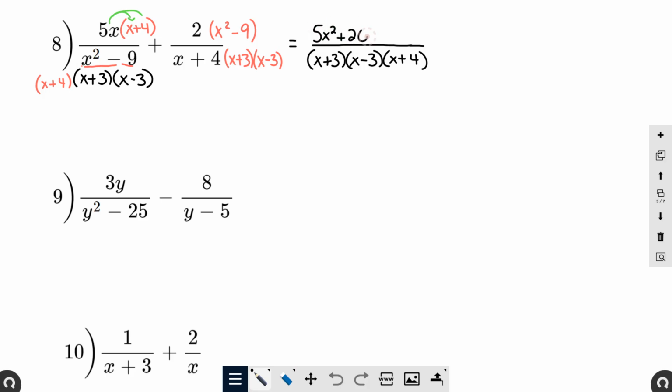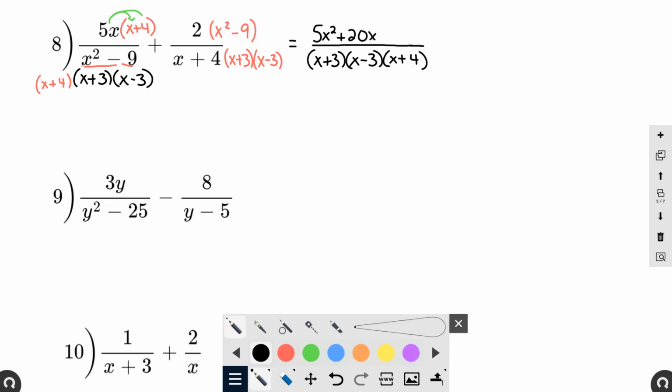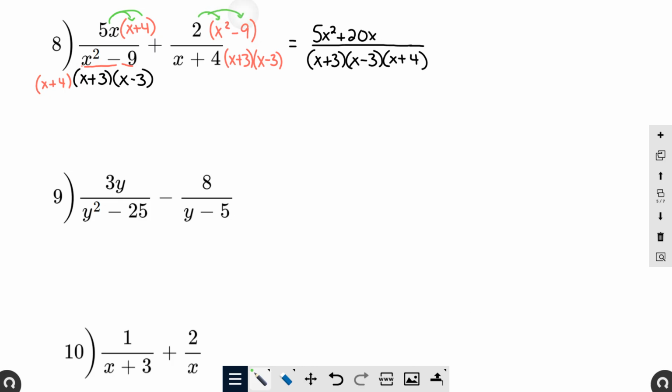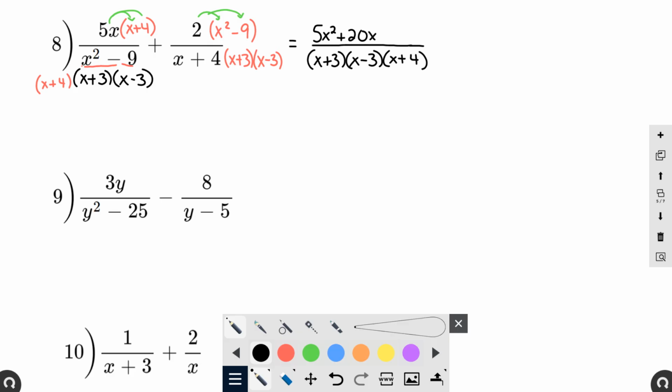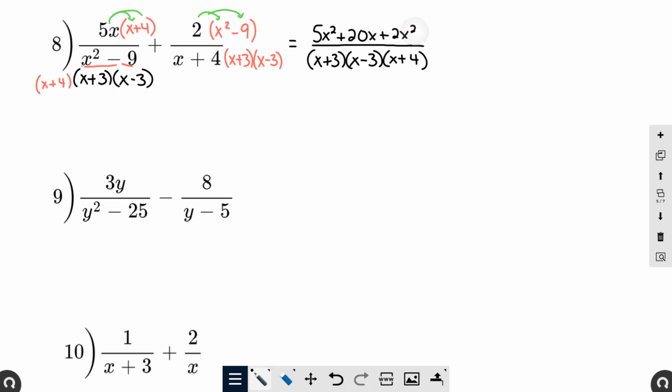5x squared plus 20x, and then distribute here. And then combine those like terms again, because sometimes that happens.